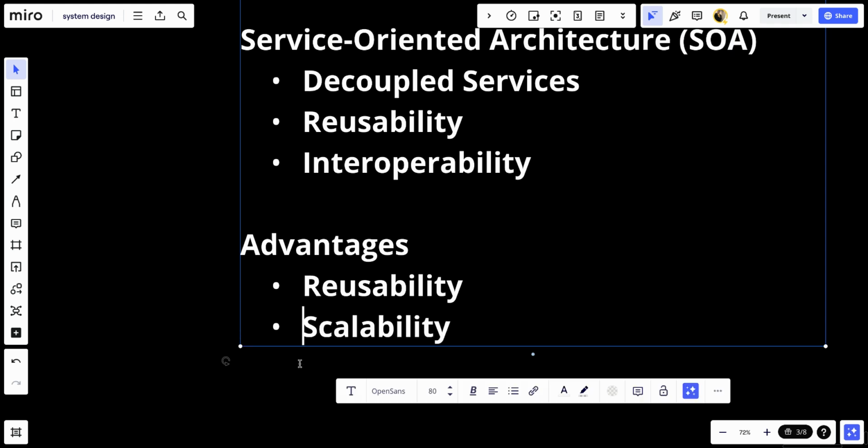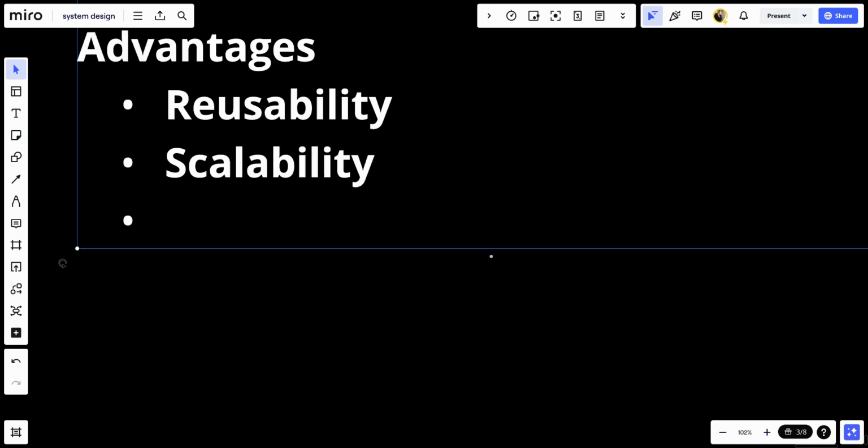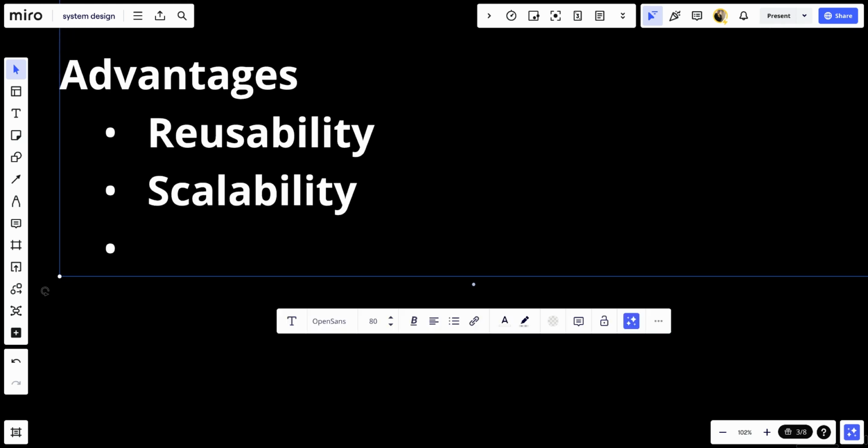Second, we have scalability. It's easier to scale individual services independently based on demand. And third, we have flexibility. Services can be developed and maintained by different teams, potentially using different technologies.